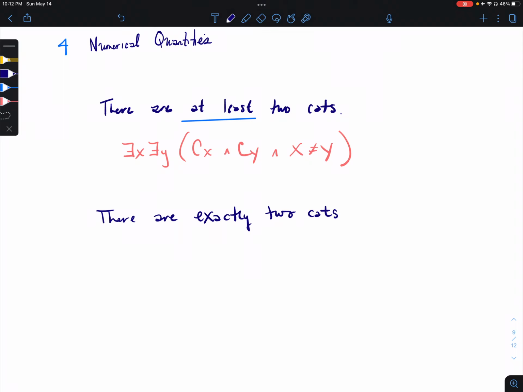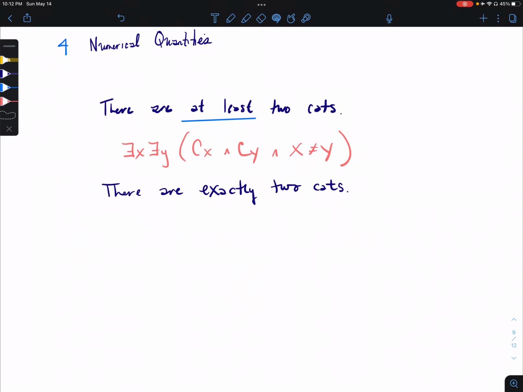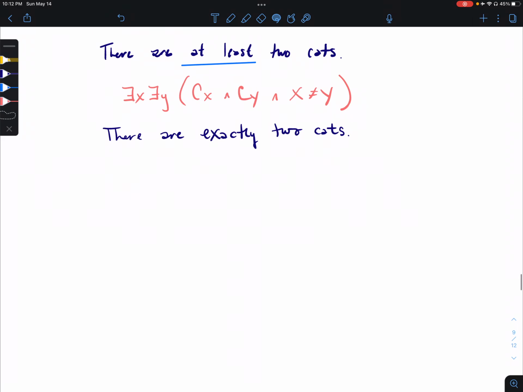Well, let's actually pause and say there's exactly 1, because we also know how to express there's at least 1 cat, right? If I just said exactly, I meant to say at least. There's at least 1 cat. So let's set this aside and write it down here. We'll come back and translate this once we do this.